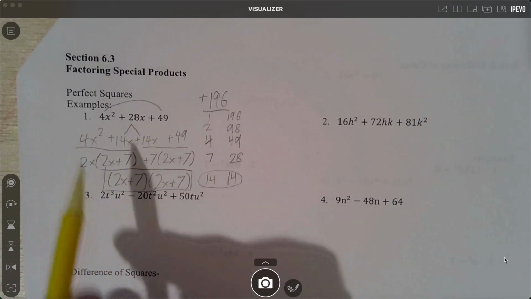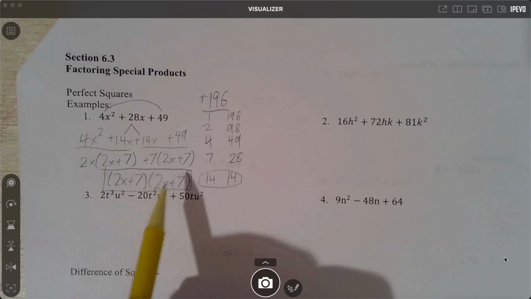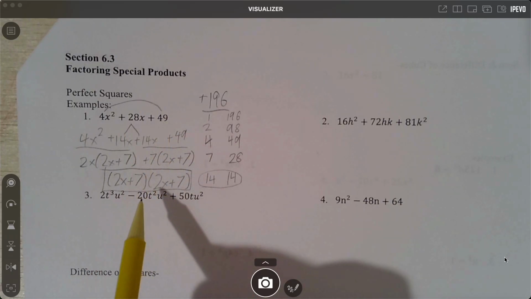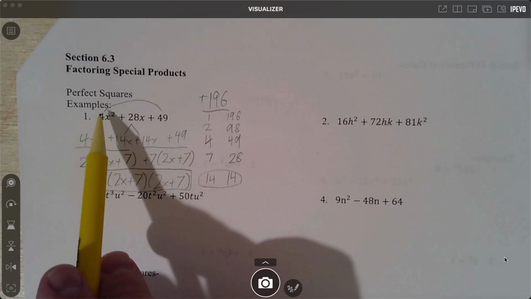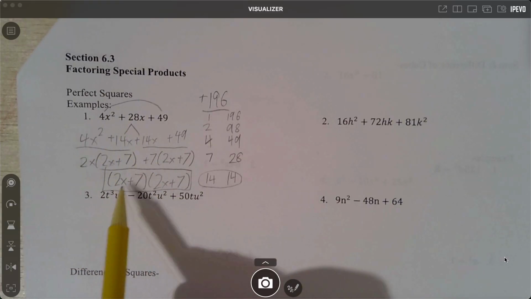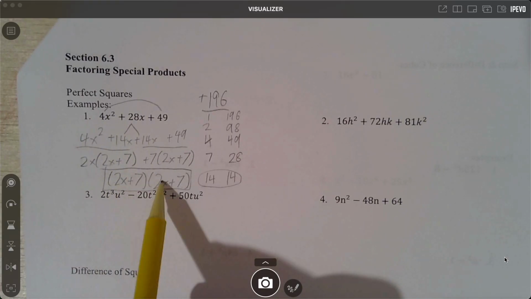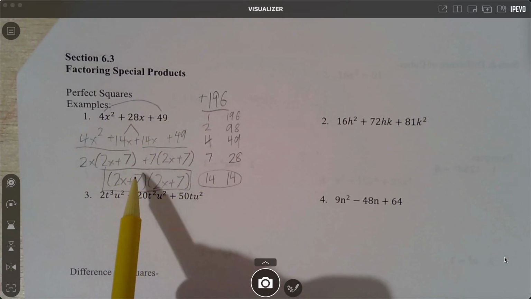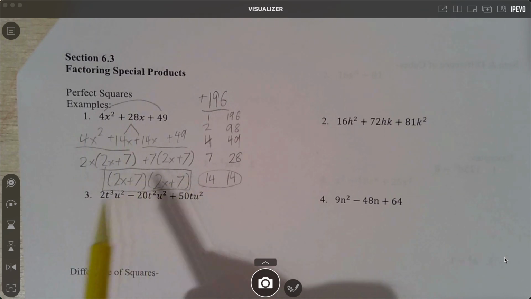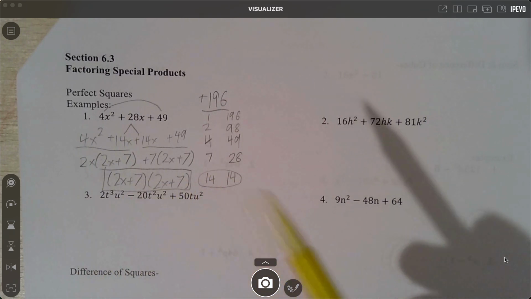And so look at that. 4x squared comes from 2x and 2x. 49, another perfect square, comes from 7 and 7. Since 4x squared came from the left, we wrote both of those roots respectively on the left. Since 49 was on the right, we wrote its roots respectively on the right. We got the same thing, and it is my answer.